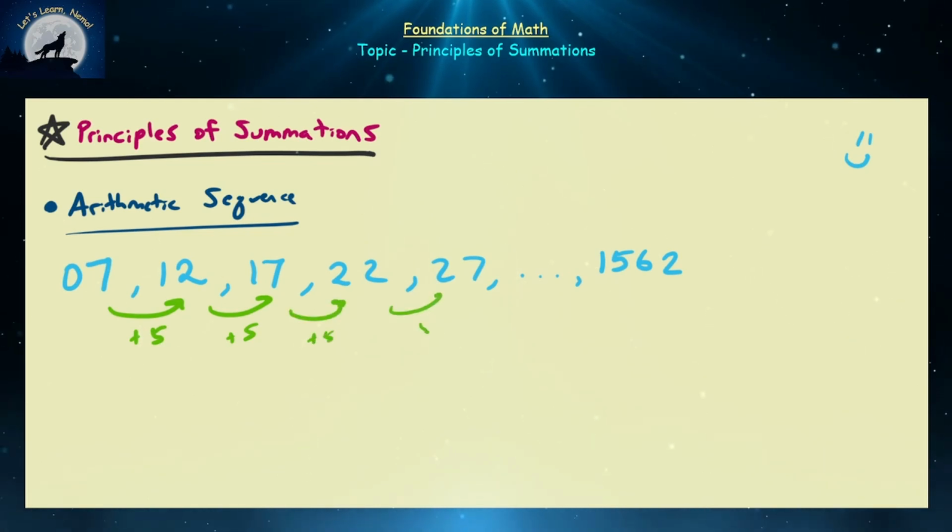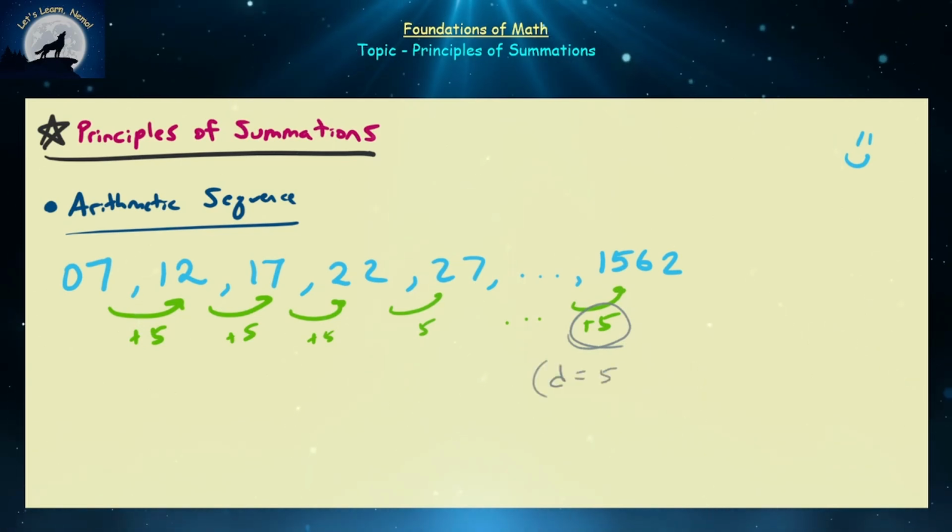So that's plus 5, and that's going to continue with plus 5. Some people will also refer to this 5 as D, and some people will call this the common difference of the arithmetic sequence.